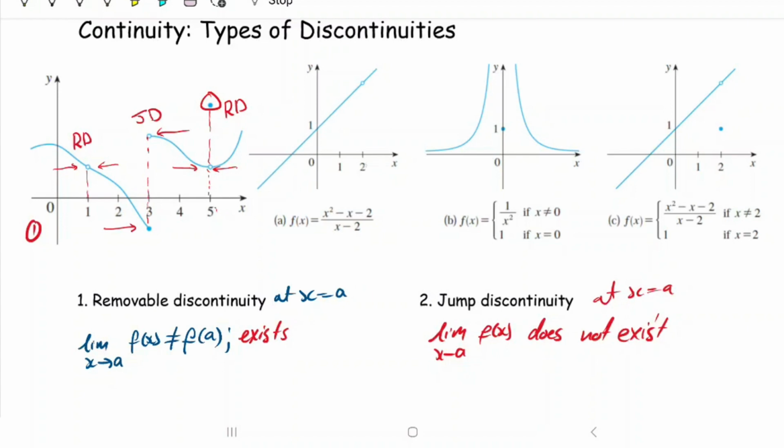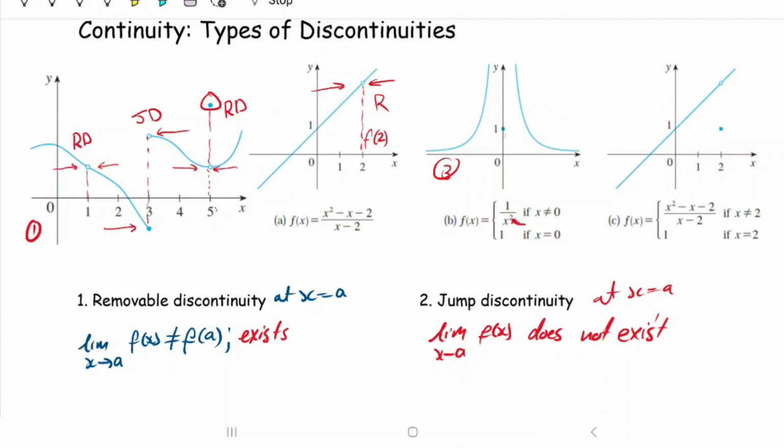Similarly here, if we're taking the function at 2, approaching it from the left and right, a limit does exist, but f of 2 will not be the same. Therefore, we have a removable discontinuity. If we look at this function over here as the third one, approaching 0, the function does not exist where 0 is, it will be undefined.